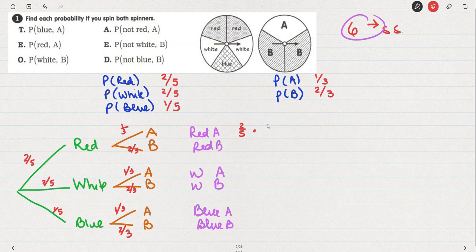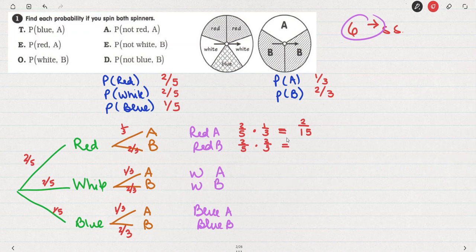After I have red, I have a 1 in 3 chance of getting the A. So that gives me a total of 2/5 times 1/3, or 2/15 chance of getting a red and then A. Do you see how you could finish this for each of the possible outcomes, all 6 of them?